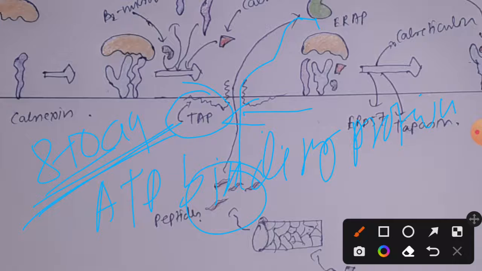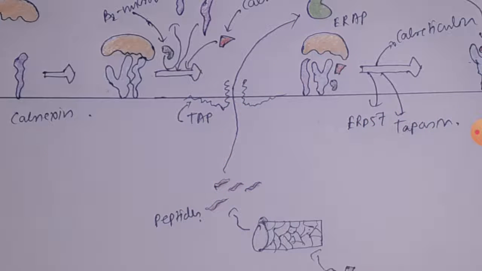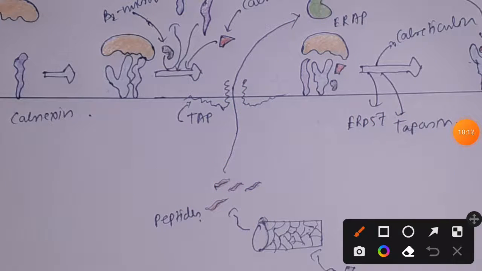Okay, but I have told you that the peptide binding groove formed by the alpha 1 and alpha 2 domains only allows peptides having 8 to 10 amino acids, right? So there should be something that will process the 11 to 13 amino acid or 13 to 15 amino acid peptides into 8 to 10 amino acid peptides, right?